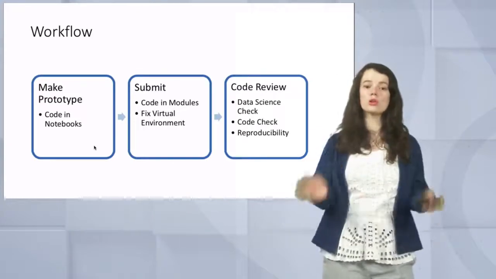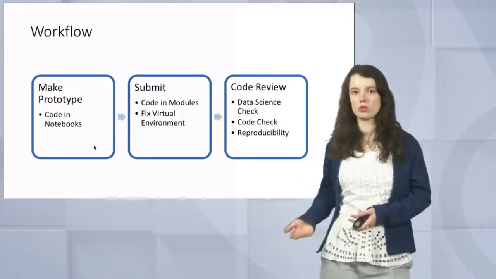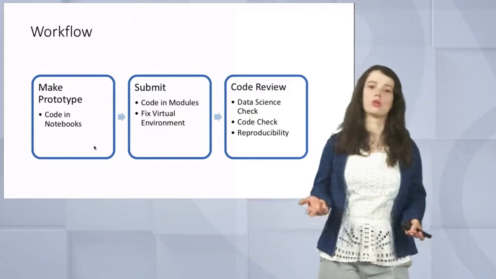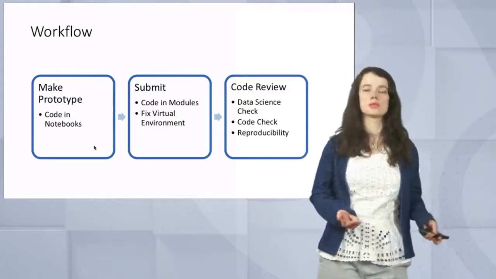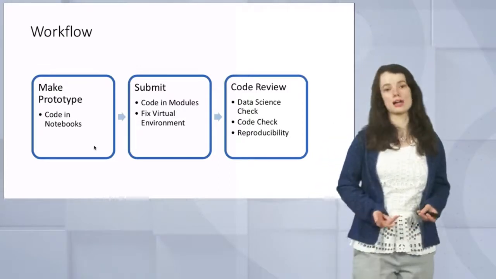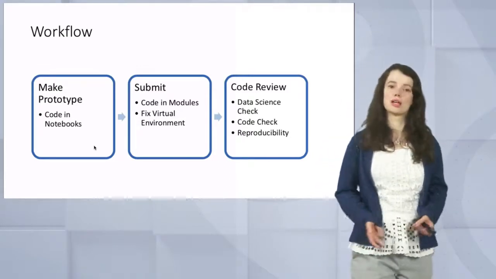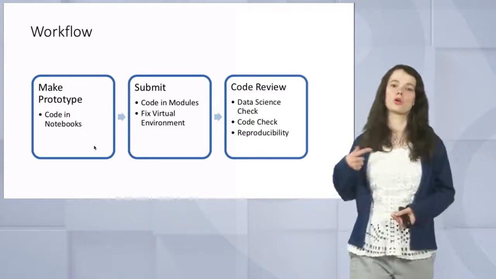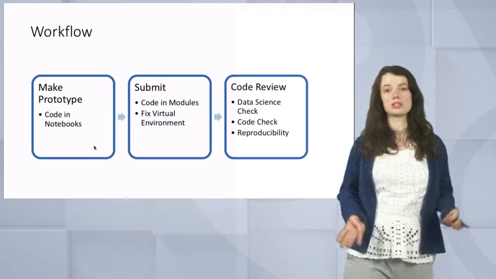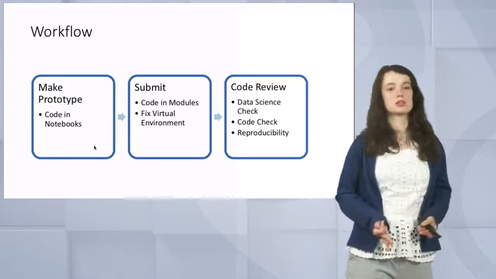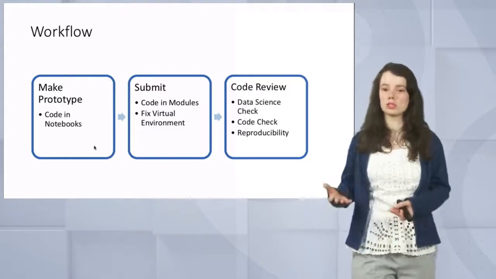So the whole workflow to making your code better is first to make a prototype in Jupyter notebooks. Then you submit your code into modules and fix virtual environments. And when you are doing your code review, first you make a data science code review, and next you are checking your code, and you also need to check reproducibility of your code.